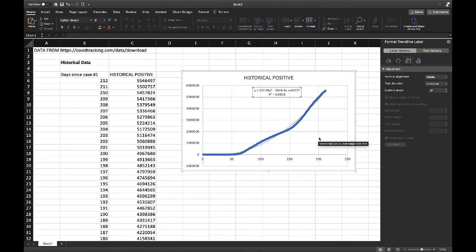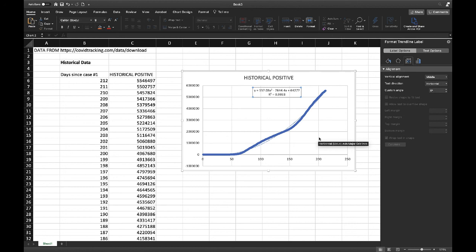So that's really all there is to curve fitting in Excel. Now, the reason you might want to do this is because you could then project things forward into the future. If you think you have a trend line that is a good representation of data, you can project it forward.